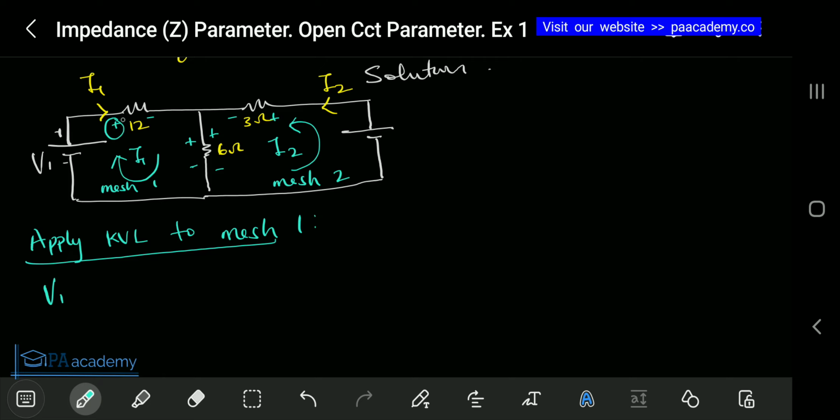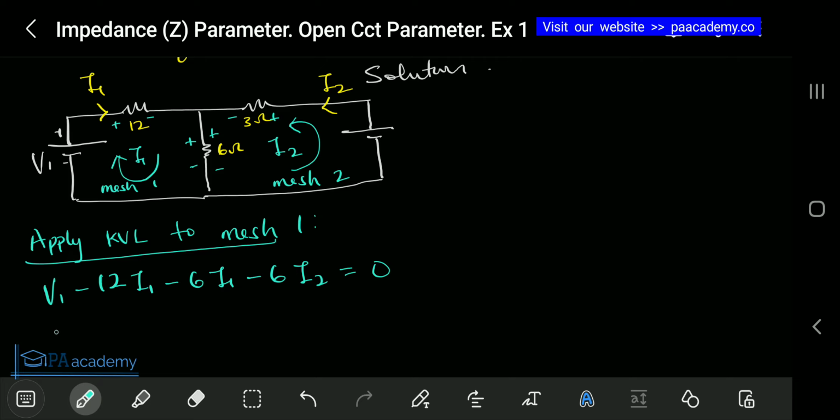Then from positive to negative due to I1, that will be minus 12 I1. Then from positive to negative also, so we are done with that 12, that will be minus 6 I1. Also we have positive to negative due to I2, so that would be minus 6 I2. And I think that's all for mesh 1, equals 0.